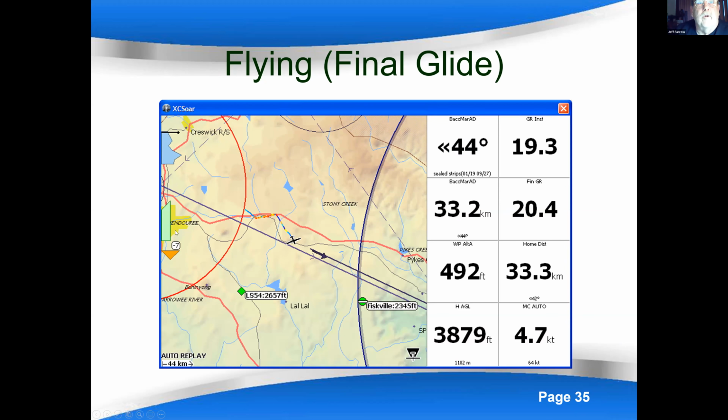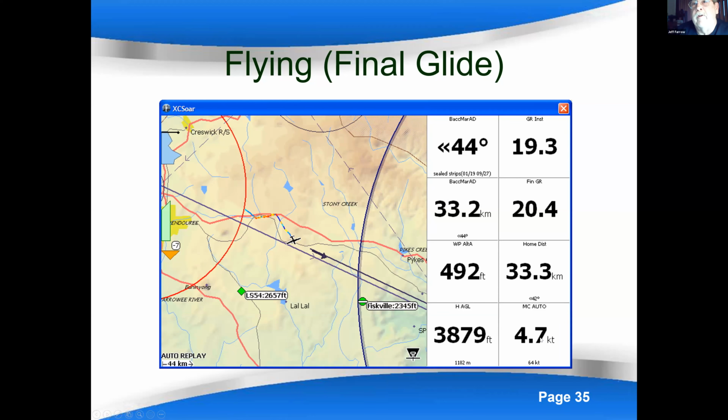The final glide bar is now telling us that we have final glide on our target on Bacchus Marsh Airfield. The orange here says that in fact on our current McCready we wouldn't get there, we'd get there with -7 feet.